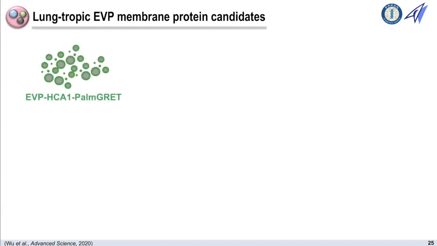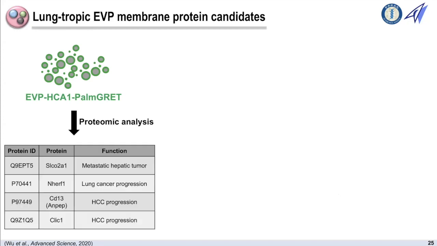So after we isolate our EVPs, we send them to proteomic analysis. And after the gene ontology and the different literature search, we were able to select different candidates.